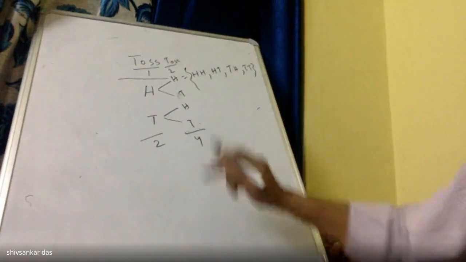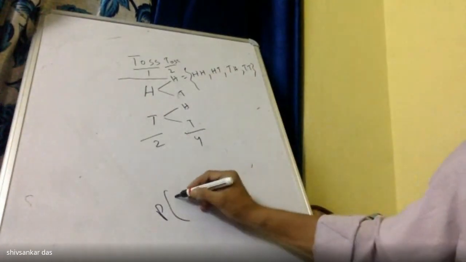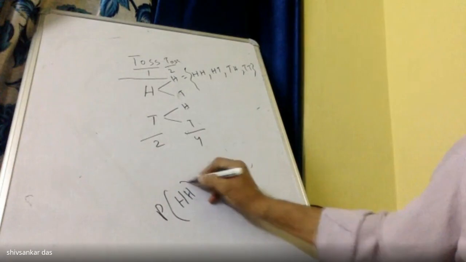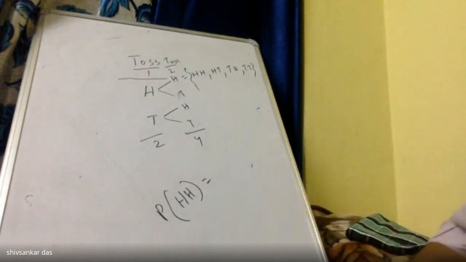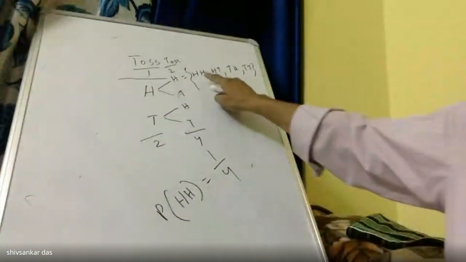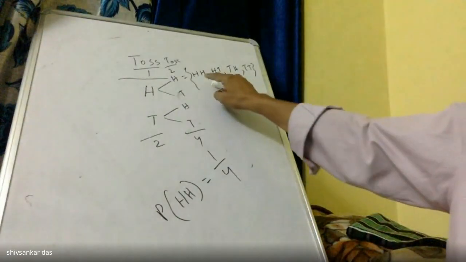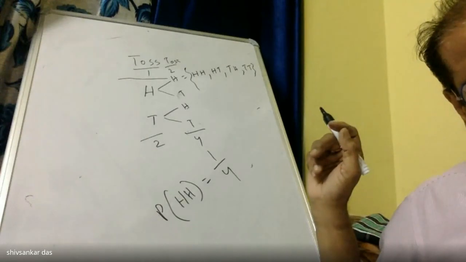In this case of 4 results, what is the probability of getting 2 heads? 1 by 4, because my favorable case is 1 and total number of cases is 1, 2, 3, 4. Okay?